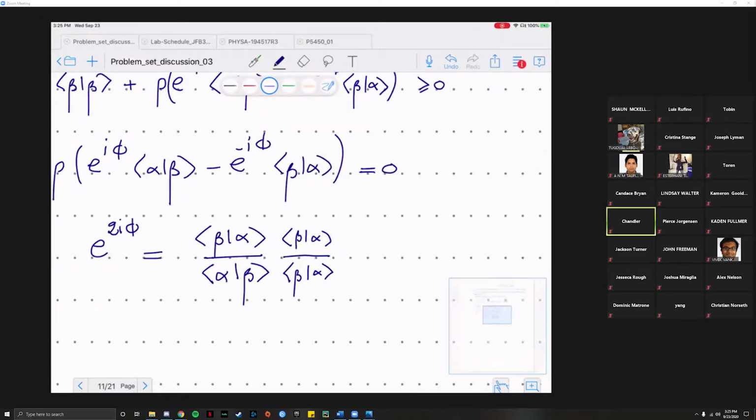And then I have beta alpha squared divided by the magnitude squared of alpha beta.